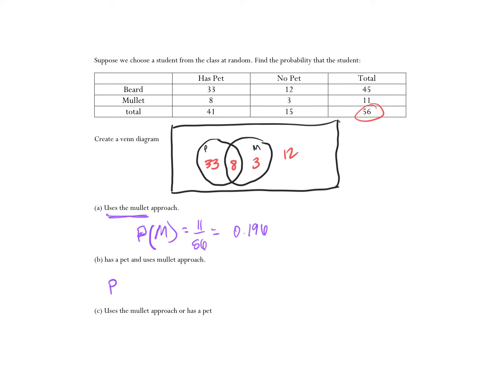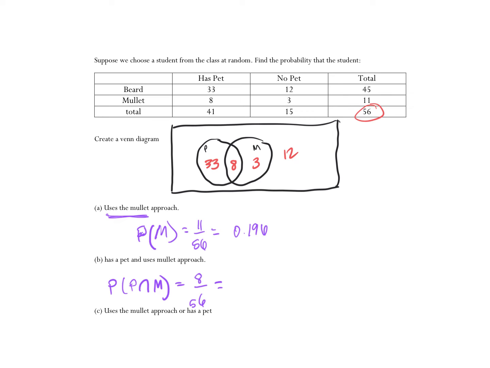All right. What is the probability I pick a person who has a pet and uses the mullet approach? Be 8 out of 41. 56. We don't know that the person has a pet.